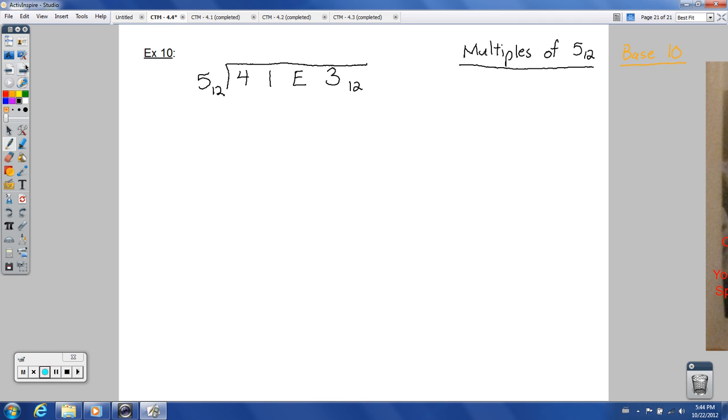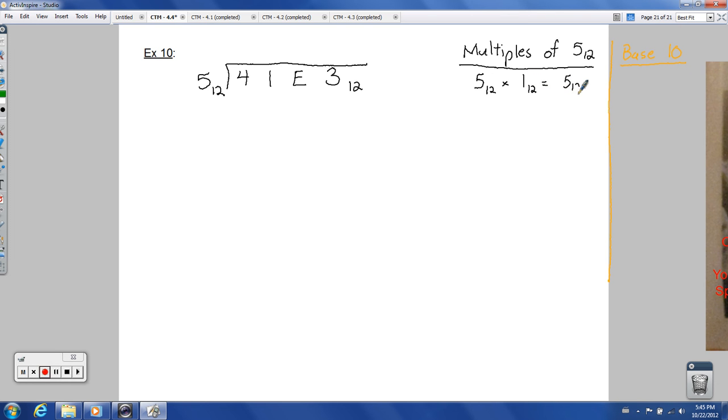I'm going to have to write kind of small with this one. So I will add an extra line here. So I'm going to write a little bit smaller as I do this. So I have 5 base 12 times 0 I don't need to consider, but 1 base 12 would be just 5 base 12. Let me write all these things down first.